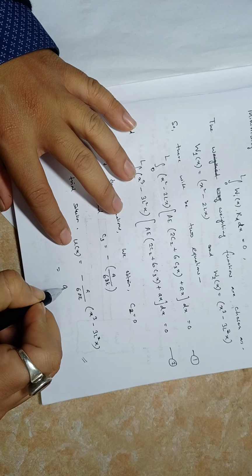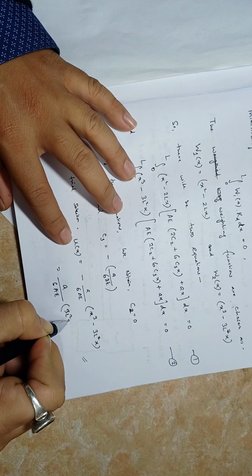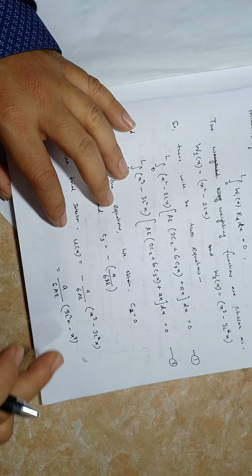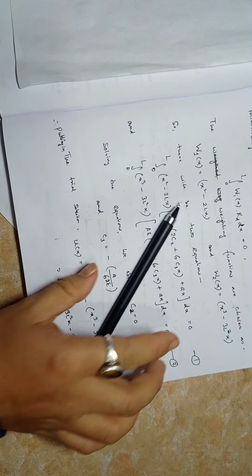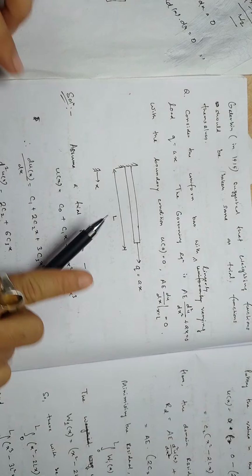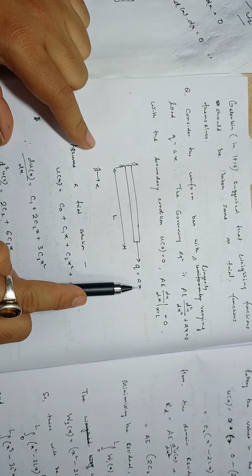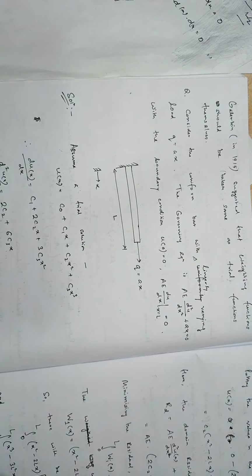We can keep it like this, or you can just write a by 6AE multiplied by 3l square x minus x cube. So this is your expression. Now you can find your extension here. U is varying along this length, and the load is also varying, so U can be found at any point.